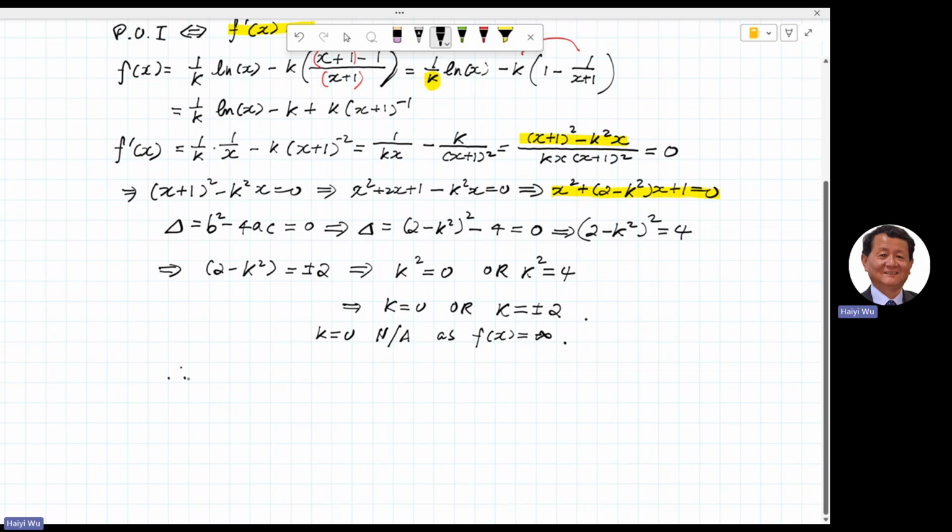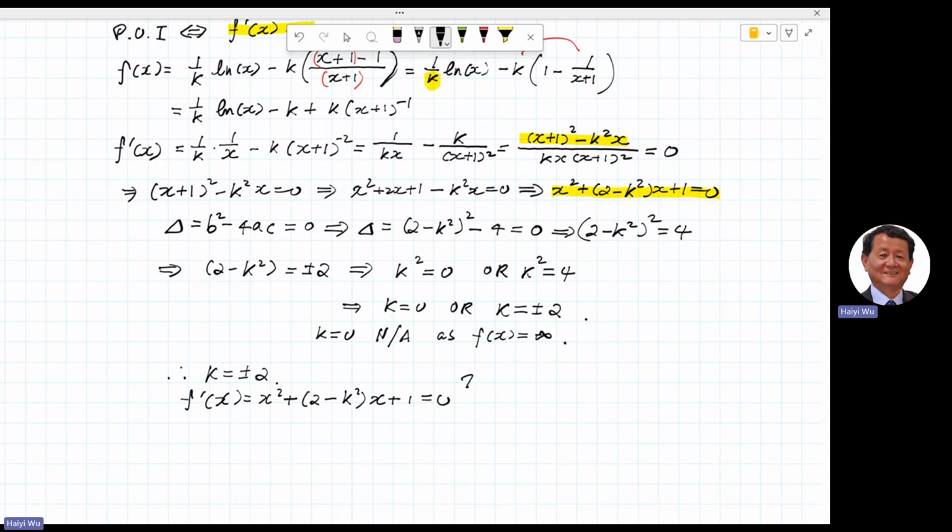Therefore we can only choose k equal to positive or negative 2. If that's the case, we're going to put it into the formula for f dash x we just derived.